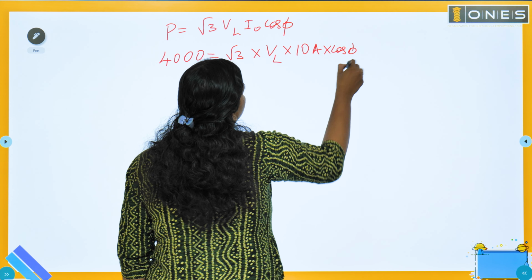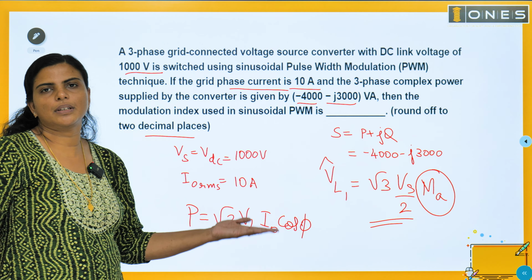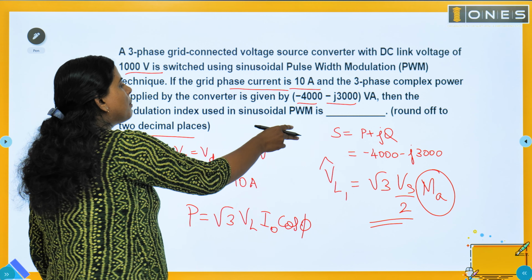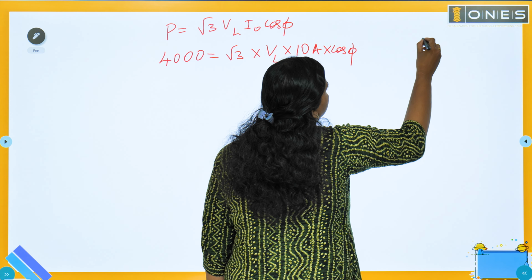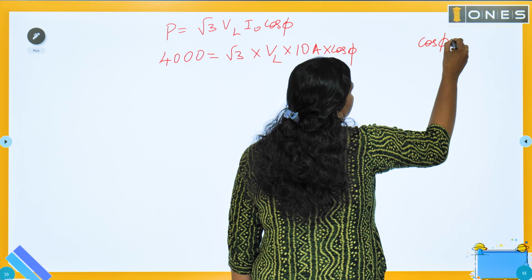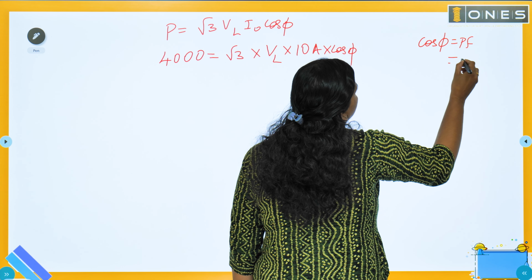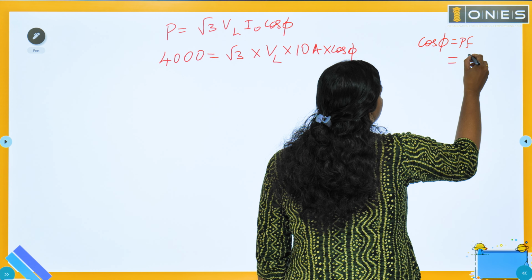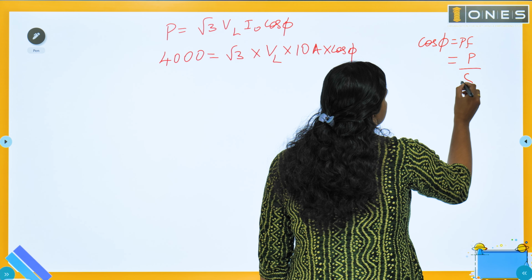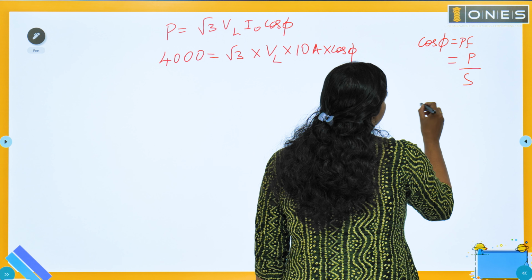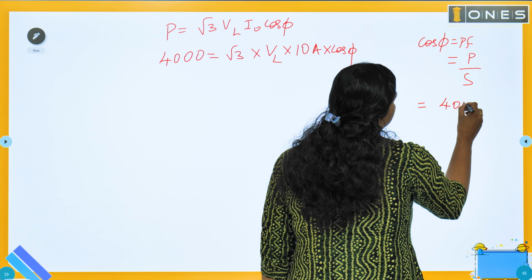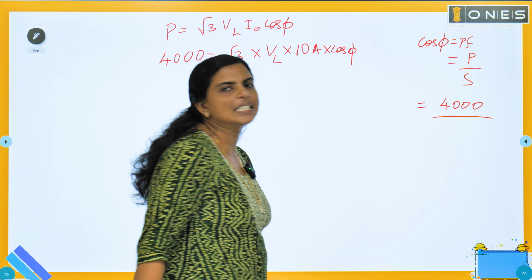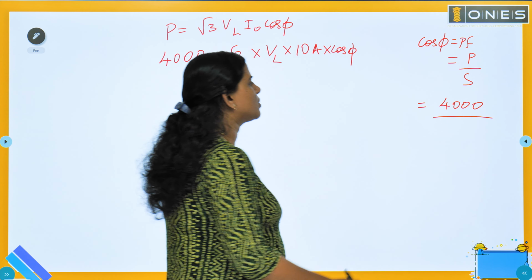We don't know cos phi, but we have been given the apparent power as well as the real and reactive power. So the power factor cos phi is equal to true power by apparent power, that is P by S. P we know is 4000 from the question, and S is root of P square plus Q square.